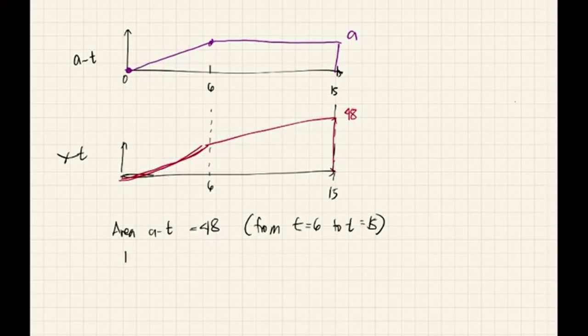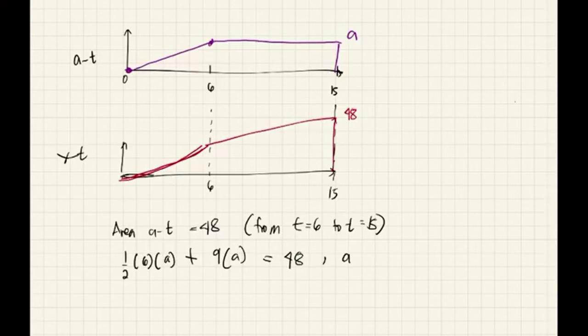E di triangle muna. 1/2, ang base is 6, ang height is A, tapos area ng rectangle, 6, 15, 6, 9 ang base ng rectangle, times A equals 48. Okay?